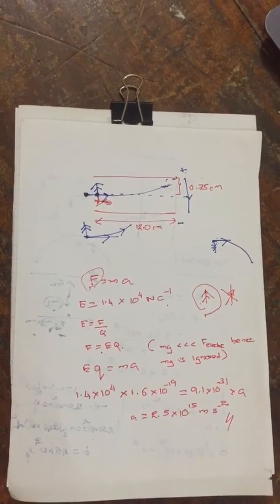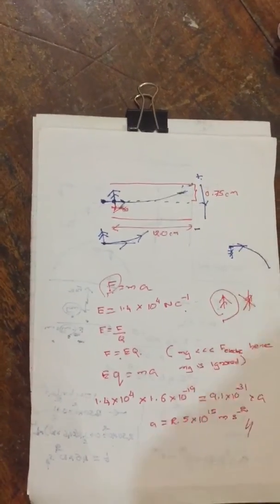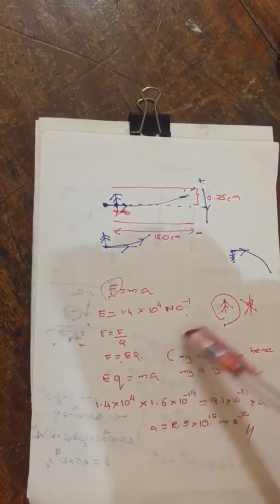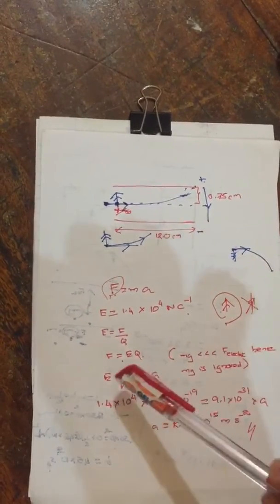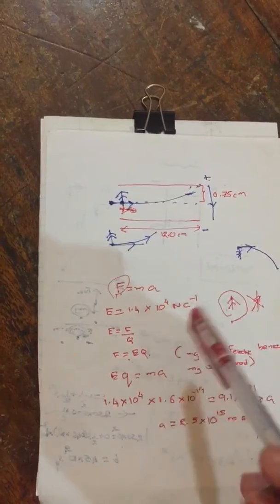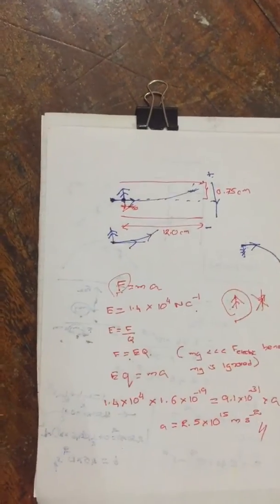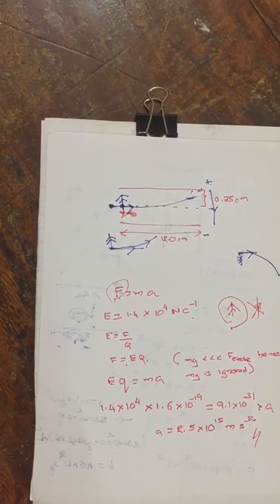It will just make your life more difficult. But at the same time, even in the mark scheme they are not mentioning this, they are simply taking the only force to be the electric force, but you go ahead and mention this because that is the real explanation. So they're asking you to calculate the time.